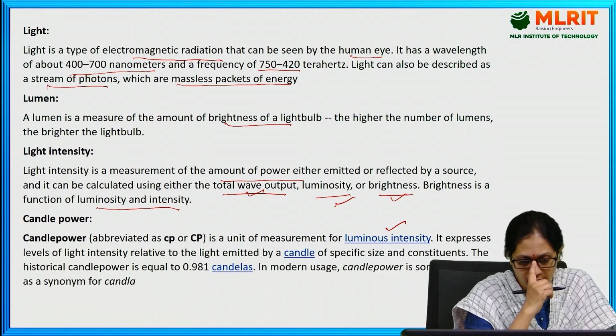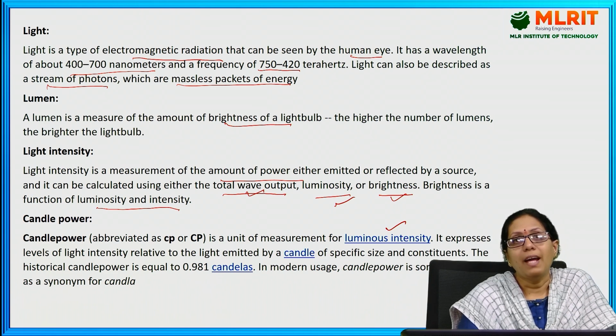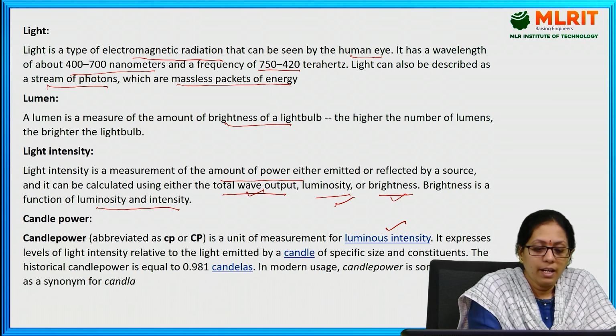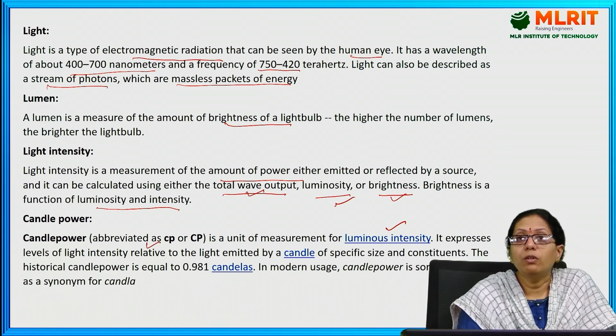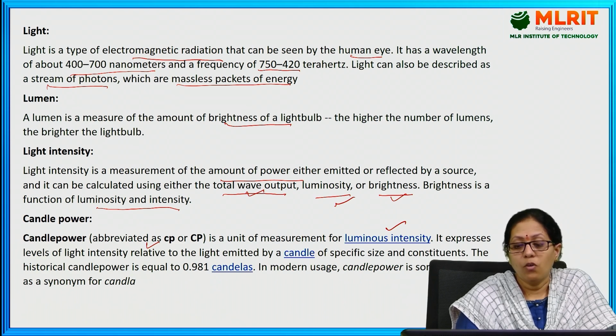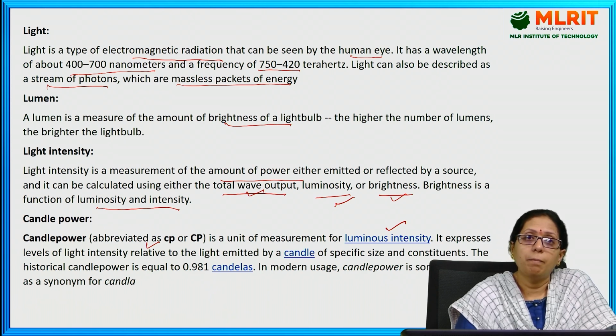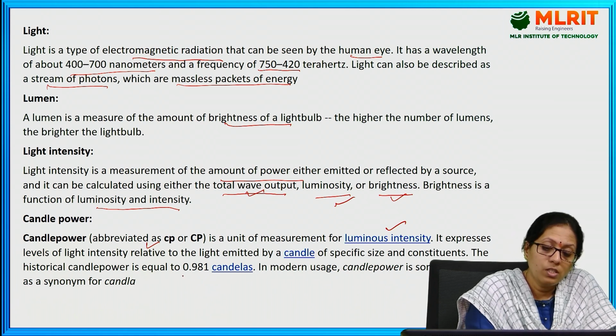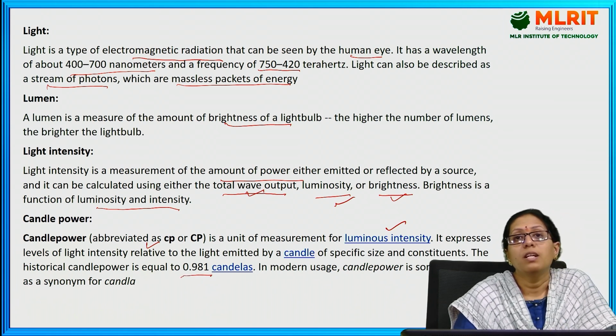relative to the light emitted by a candle of specific size and constituents. The historical candle power is equal to 0.981 candles.